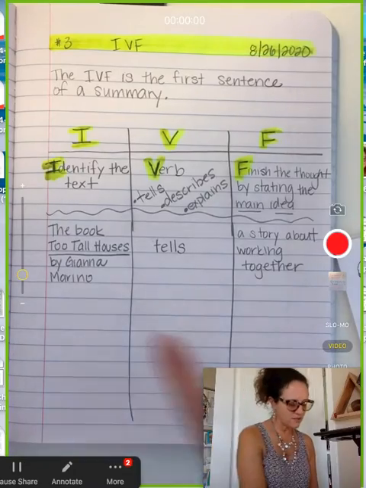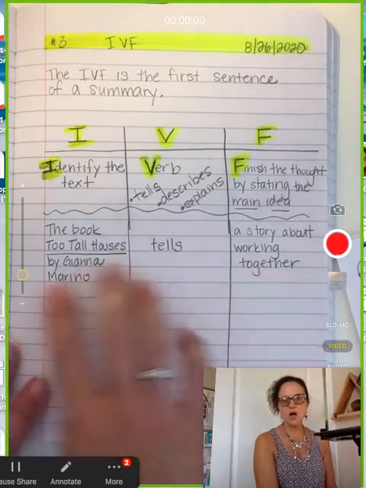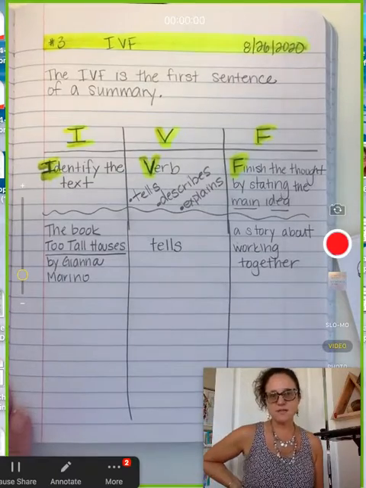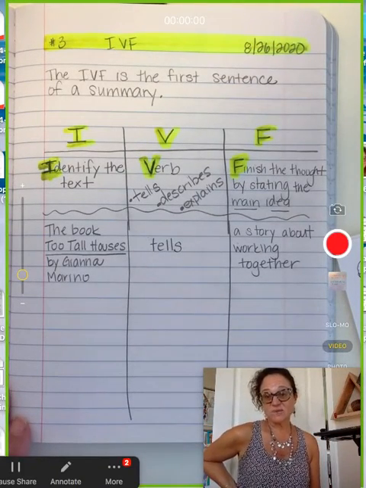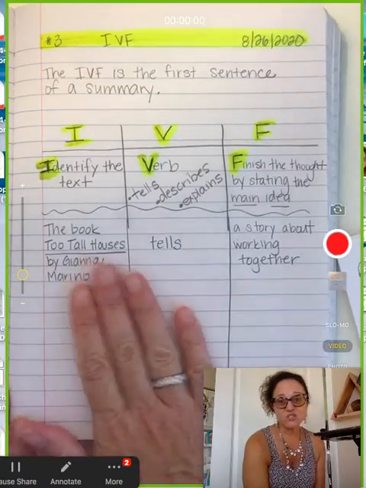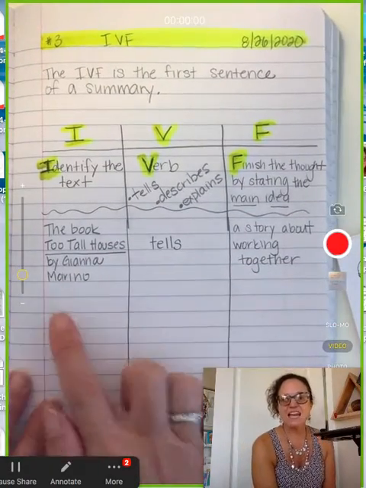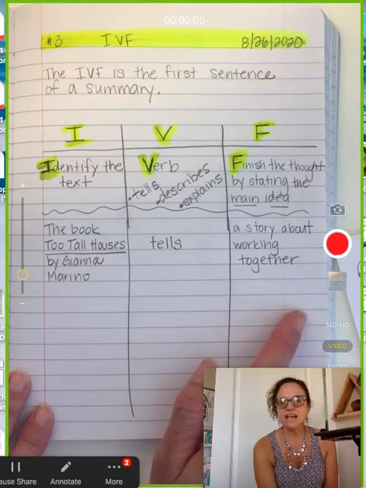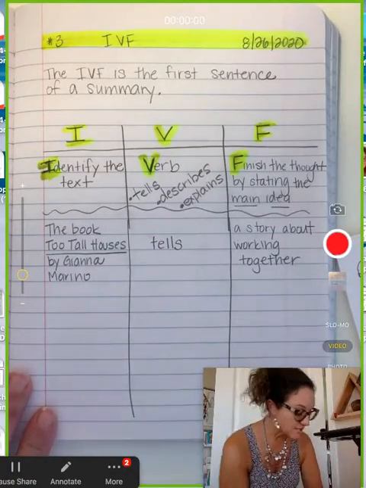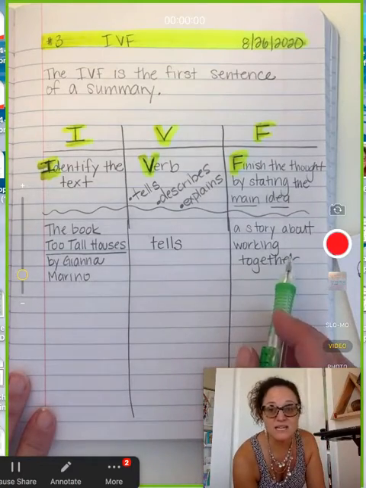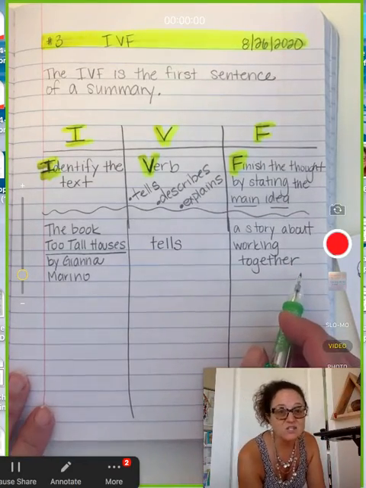All right, now this doesn't look much like a sentence to me. It's all spread out across these columns. So the last step of an IVF is to turn it into a sentence. So now I'm just going to ignore these columns and I'm going to rewrite this IVF as a sentence. Okay, watch me first. I'm literally going to put these three parts together into a sentence.